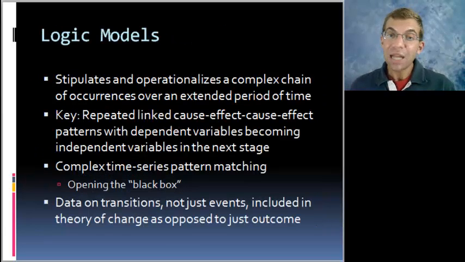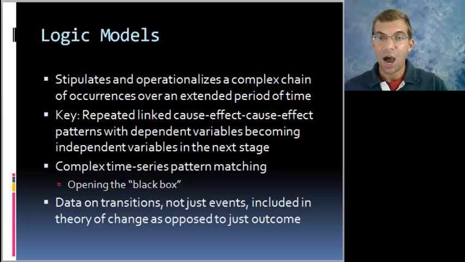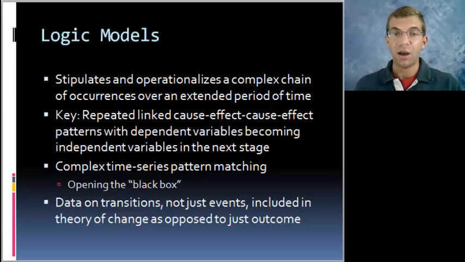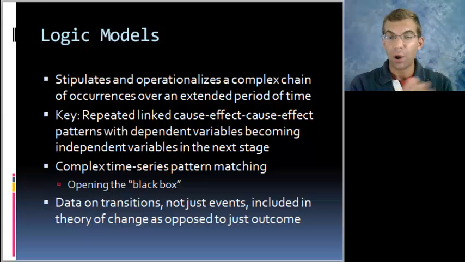The most complex form is a logical model, and this is over time. It's like combining time series with pattern matching. So it's repeated links of cause effect, cause effect, cause effect, with dependent variables becoming the independent variables in the next stage, and going on and on. These are very complex, where not only what causes what, but why what causes what matters in a whole theory of change.